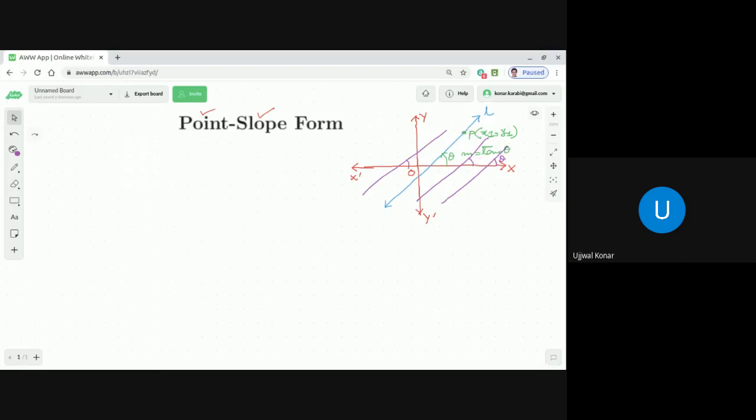Now, if both pieces of information are given to us, how do we find the equation of the straight line?